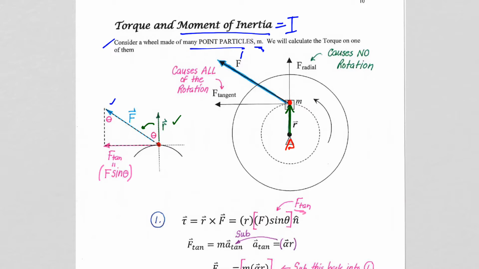That's why I have the F tan, F sine theta here that we want to address. I also put a green arrow here because we're going to track the r in r cross F in our analysis on this page.